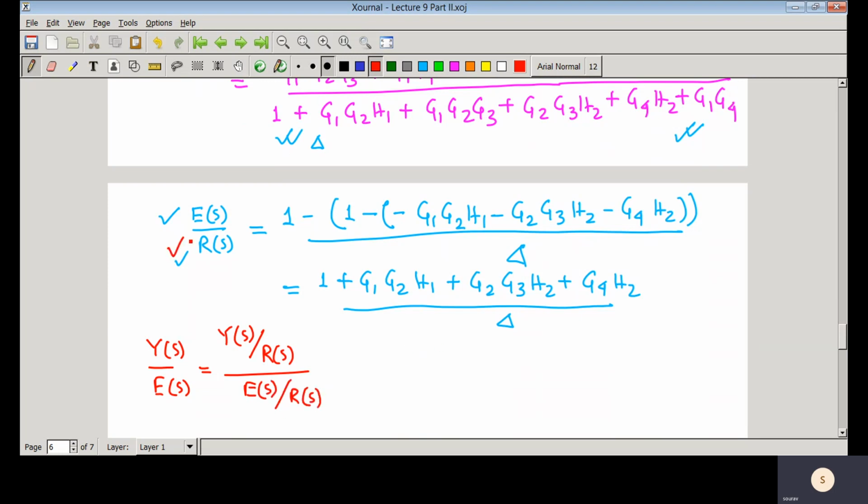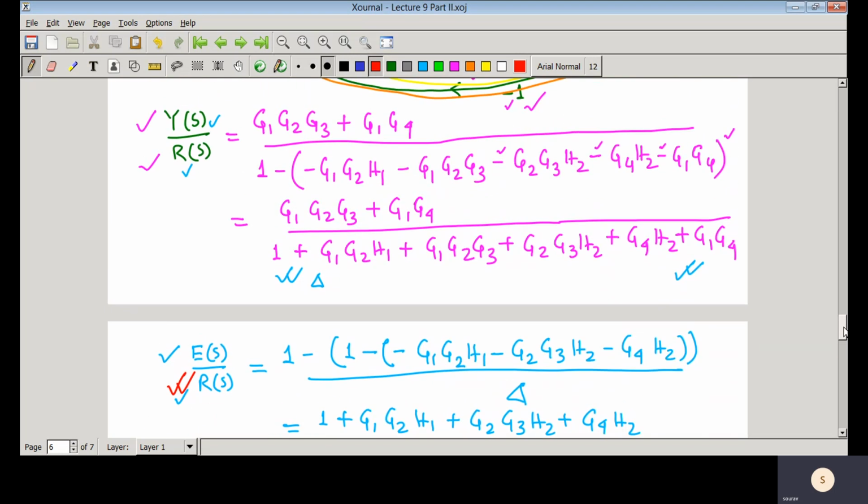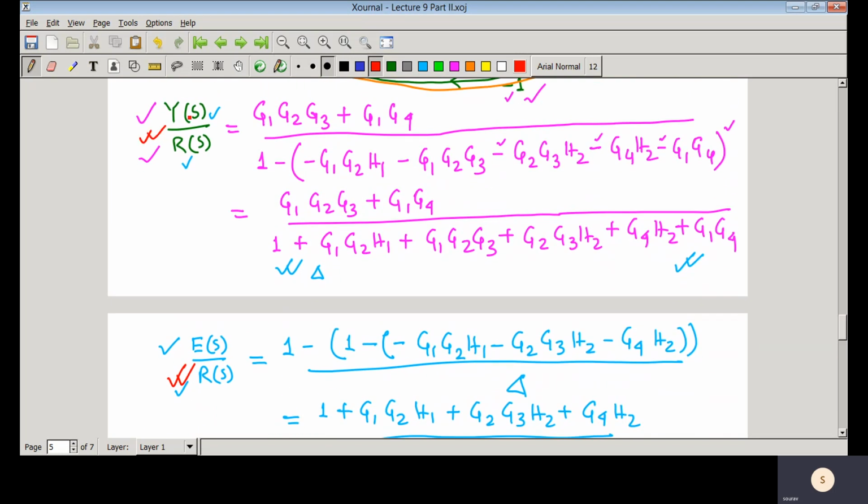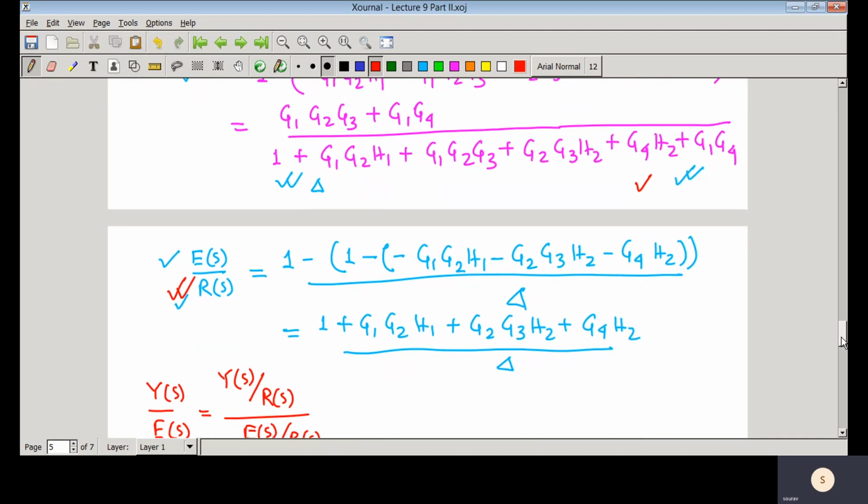So you have already found the transfer function from RS to ES, and this one you already got.